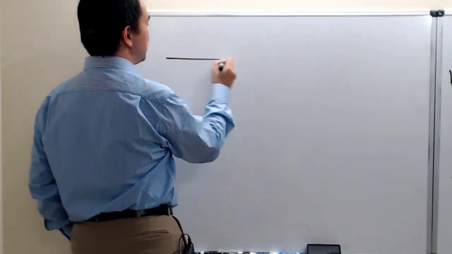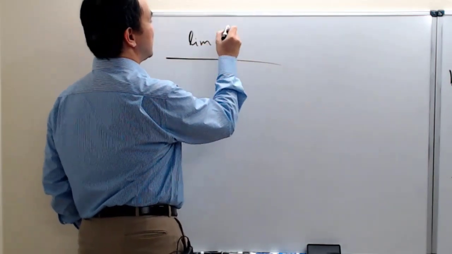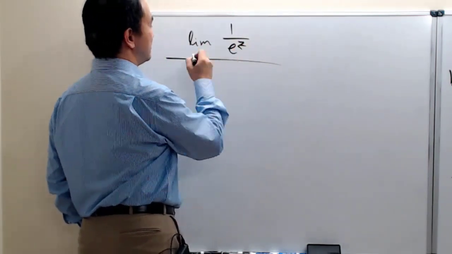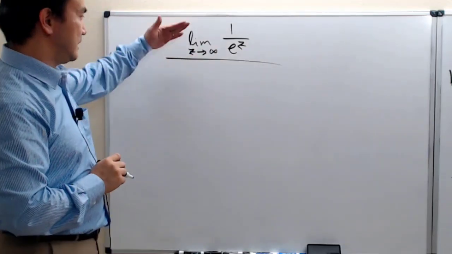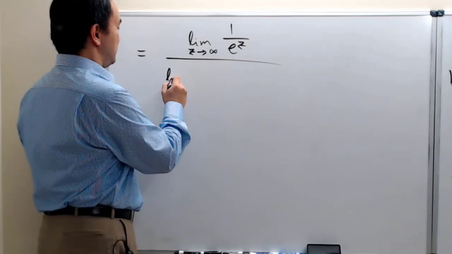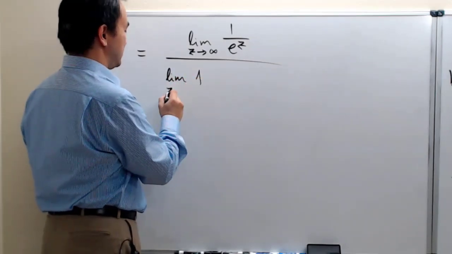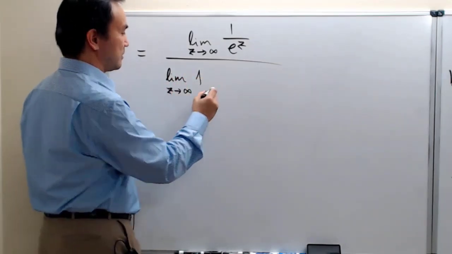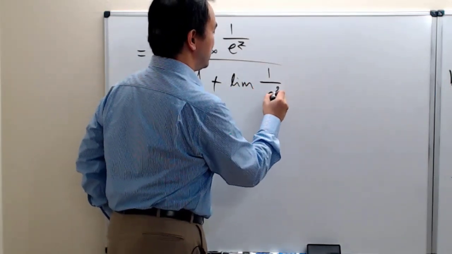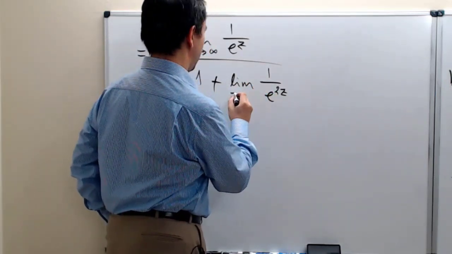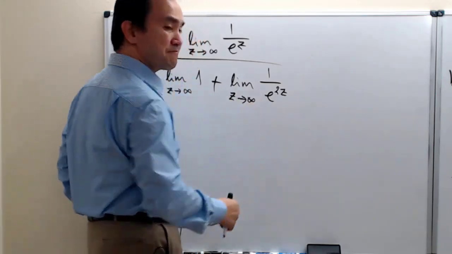The limit law says I can take the limit of 1 over e to the z, letting z go to positive infinity. The denominator becomes the limit of 1, letting z go to positive infinity, plus the limit of 1 over e to the 2z, with z going to positive infinity.